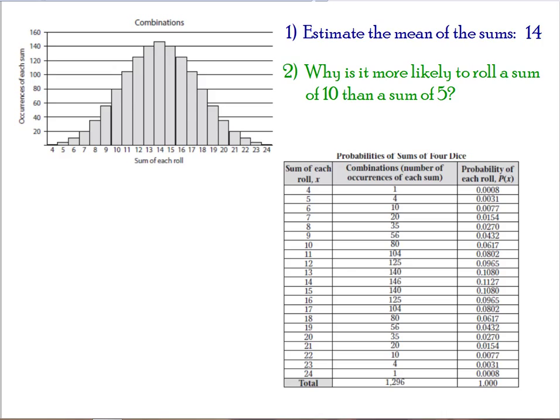Well, there are probably way more combinations. In fact, there are more combinations of ways to get a 10 than to get a 5, so it's more likely that you're going to get a sum of 10. And if you look in the chart, he got a sum of 10 80 times and a sum of 5 only 4 times. That's a big difference.